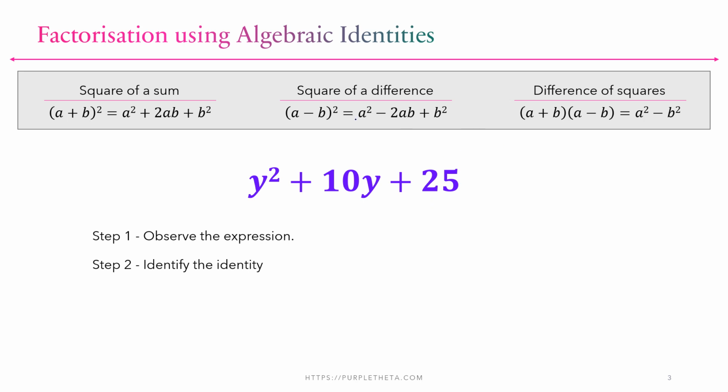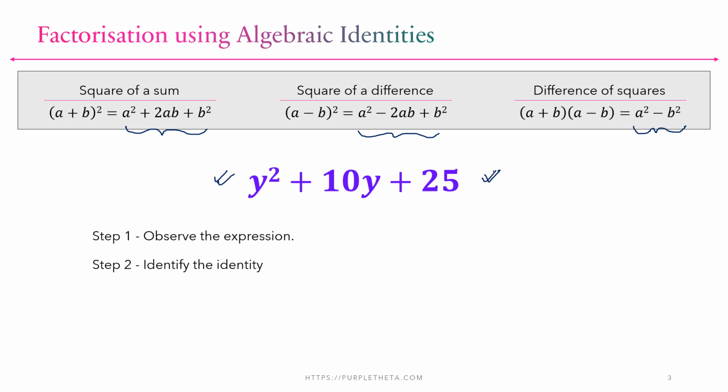We will look at the right hand side of the identities, that is a square minus 2ab plus b square, or a square minus b square, or a square plus 2ab plus b square, to identify where exactly this expression fits.